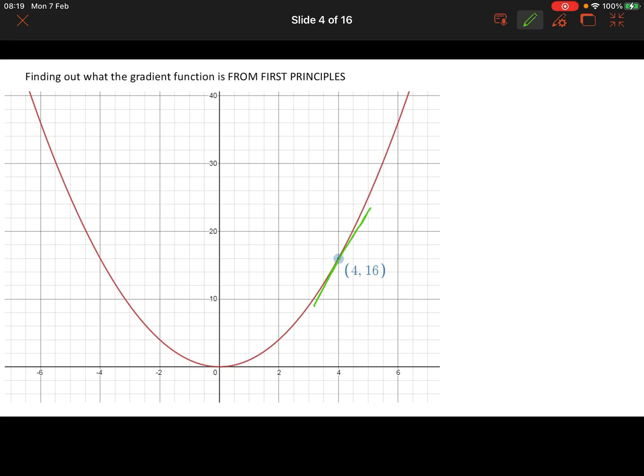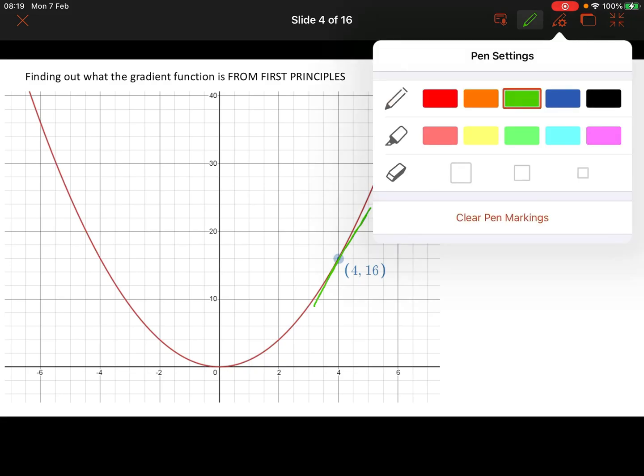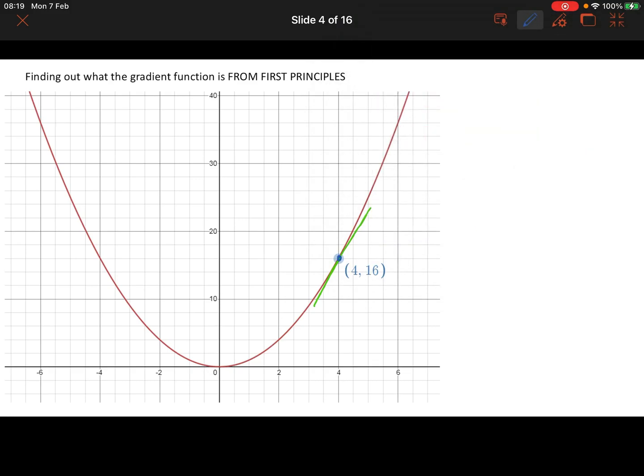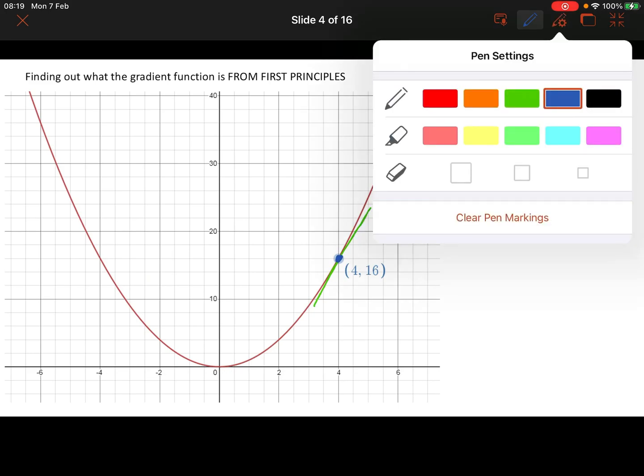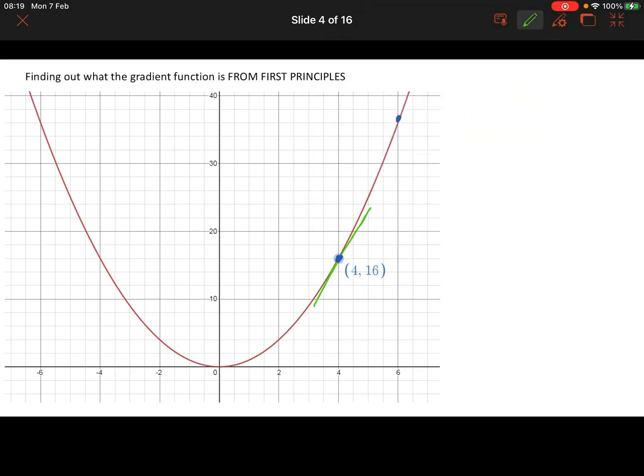So one way of estimating the answer is to pick a different point. So we've got a point here. Let's pick a different point here. Okay. Now what I could do is, let's choose a different colour. I could work out what the gradient of this orange line is instead. Okay? How do I do that?